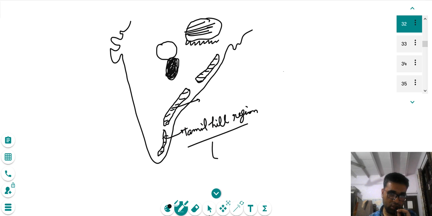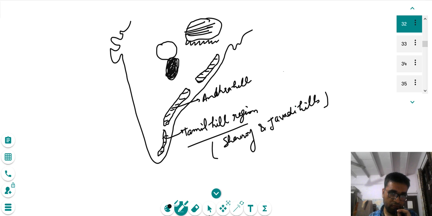In the Tamil Hill region you have the Shevaroy and Javadi Hills. The Andhra Hills are further divided into three types of hills.